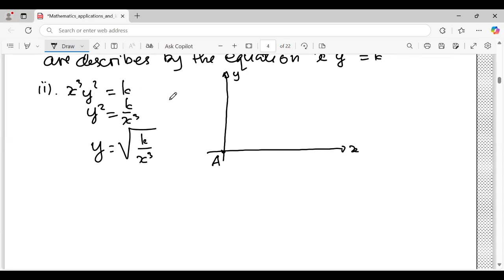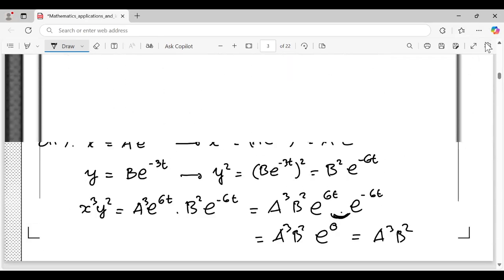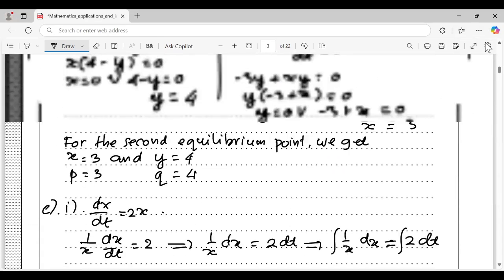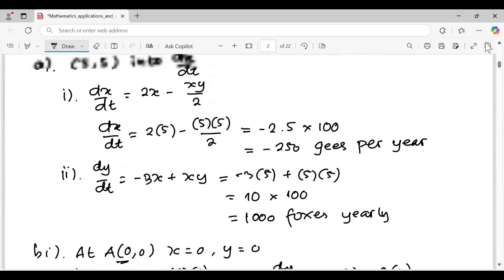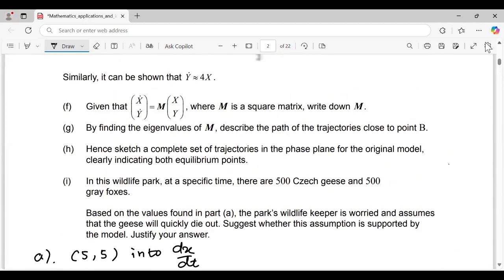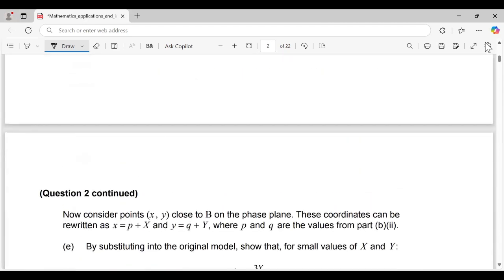If y equals 0, x will be undefined. So the y-axis and x-axis are asymptotes for this graph, and the graph will be like this, moving outward from the first equilibrium. That's according to the eigenvector rules, if you sketch it.